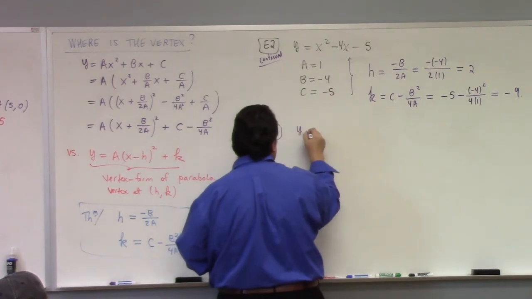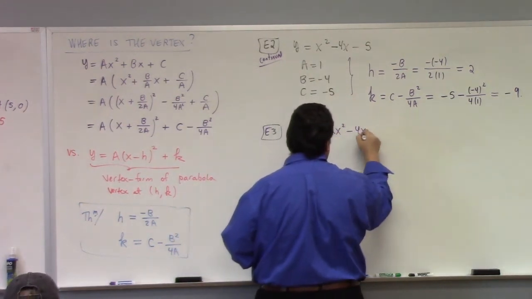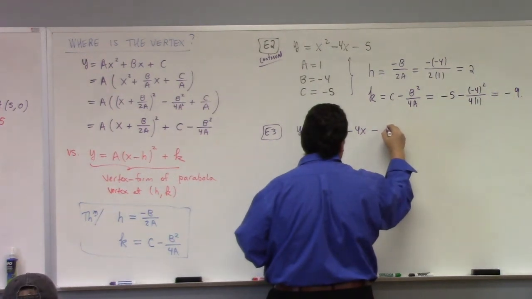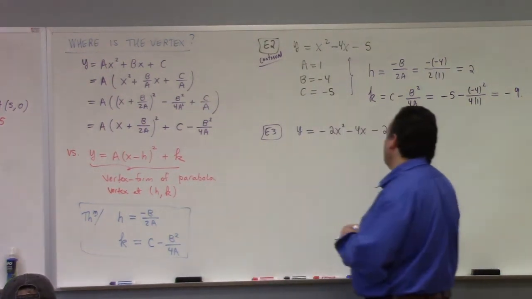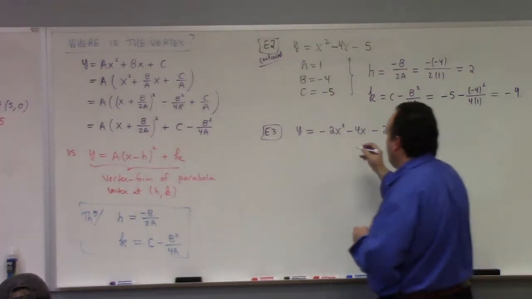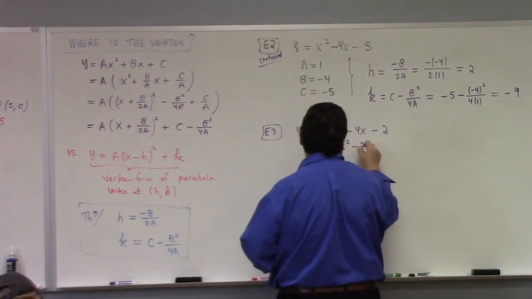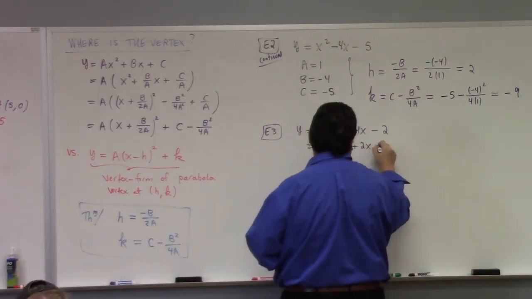Suppose we have y equals minus 2x squared minus 4x minus 2. All right, I'm going to complete the square again. Minus 2 times x squared plus 2x plus 1.